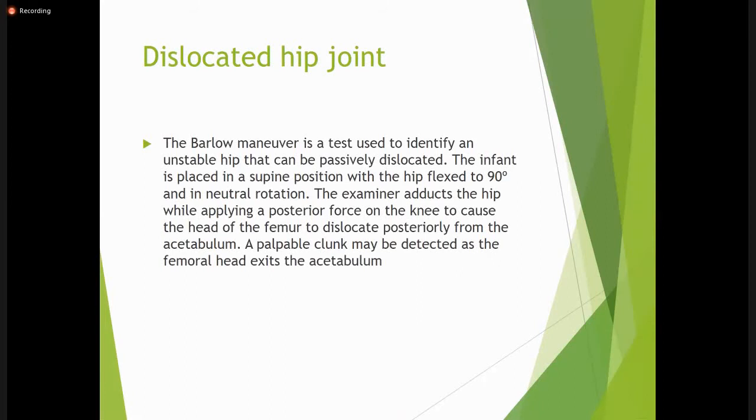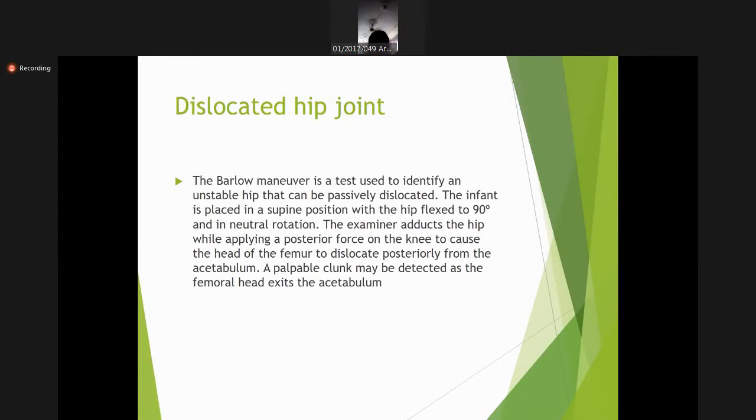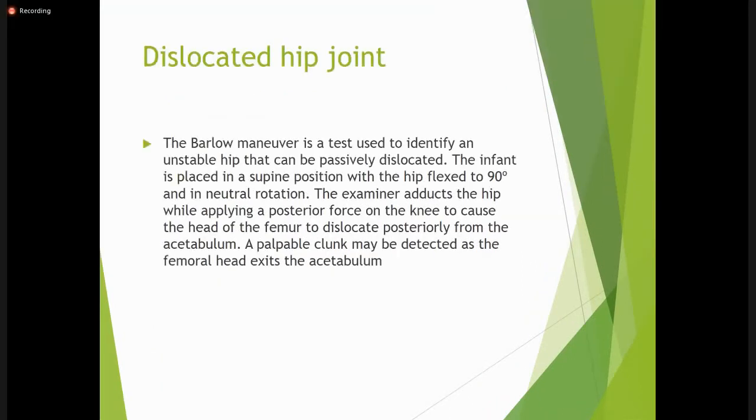Then comes the examination for the dislocated hip joint. Developmental dysplasia of the hip joint presents in the newborn period, and what happens is that the hips are dislocated, but because babies usually remain in the lying posture most of the time, it's very difficult to identify.